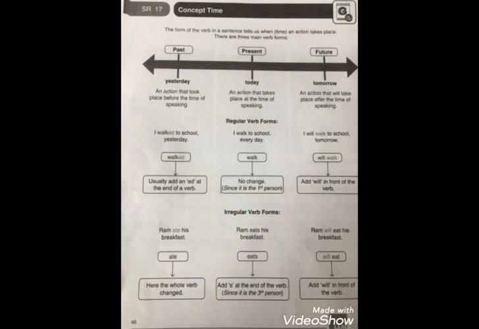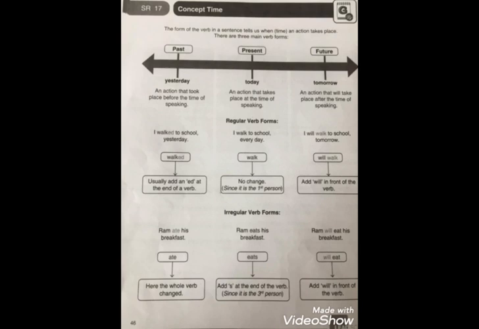Past means an action that took place before the time of speaking, previously. Present means an action that takes place at the time of speaking, now, today. Future means an action that will take place after the time of speaking. So that is tomorrow, future.